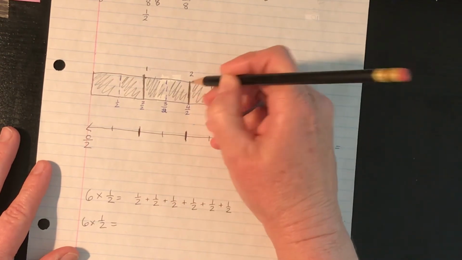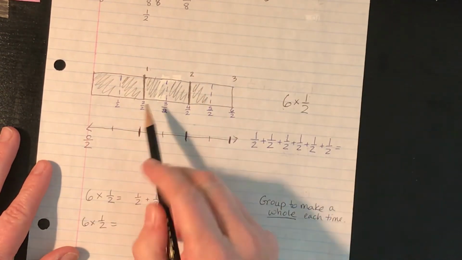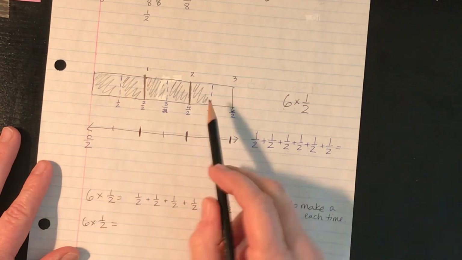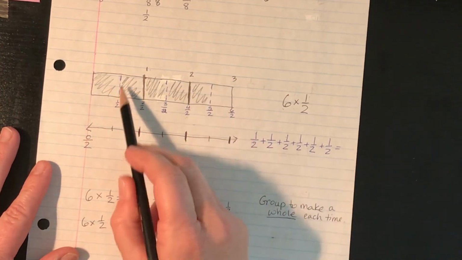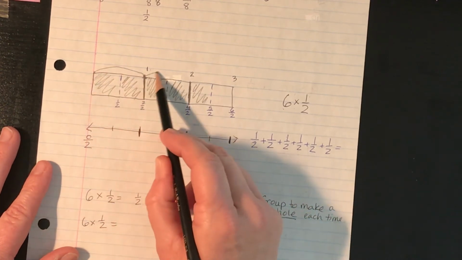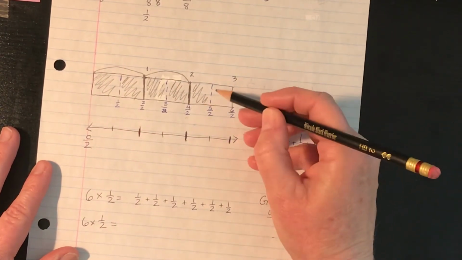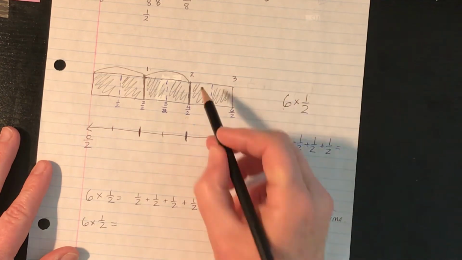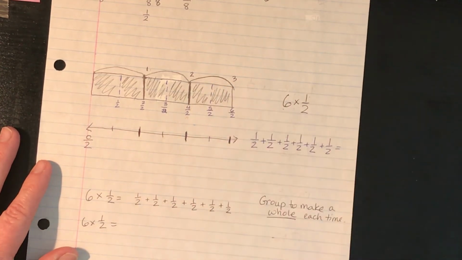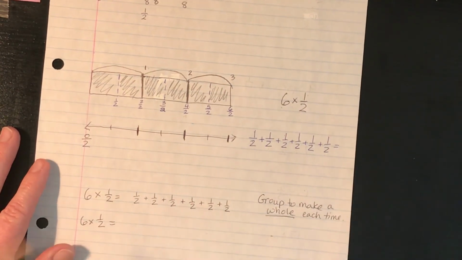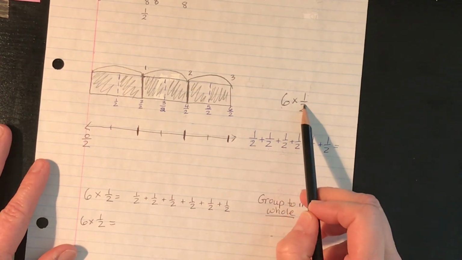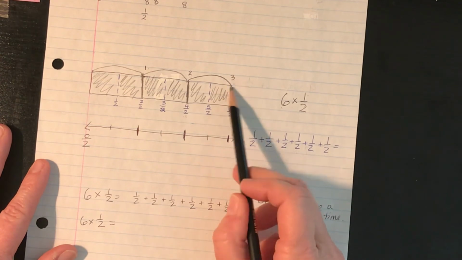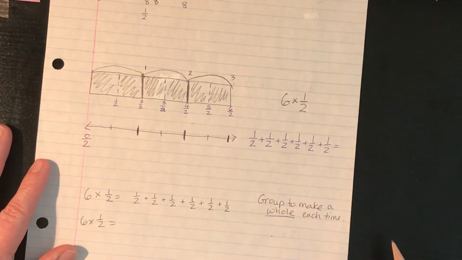Let's go back there. 4 halves is where my 2 wholes are, and that makes sense. 2 halves is 1 whole. 4 halves, well, there's 2 2s and 4. That's 2 wholes. 1 candy bar, 2 candy bars, and then when I get to my 6 halves, I have 3 whole candy bars. So we can see that 6 times 1/2 is the same as 3 whole candy bars.